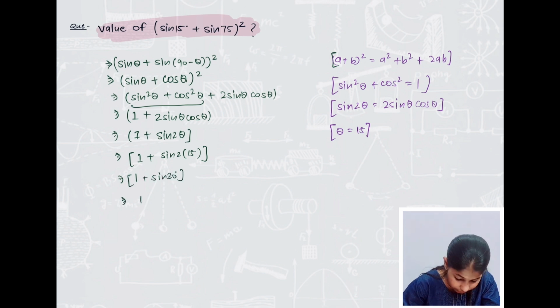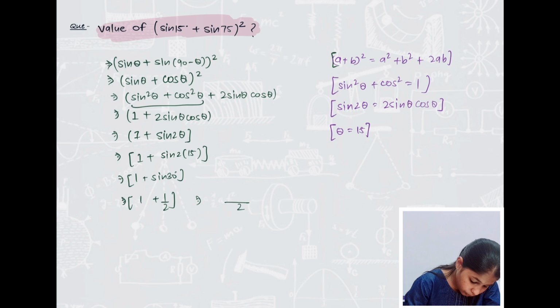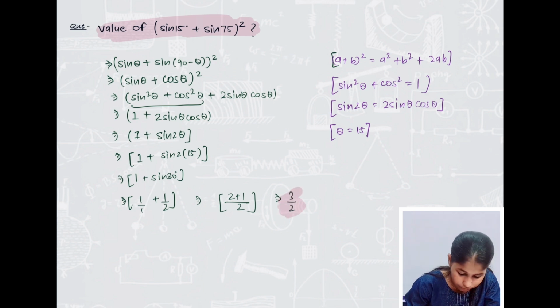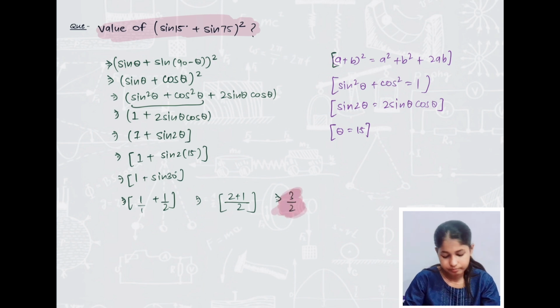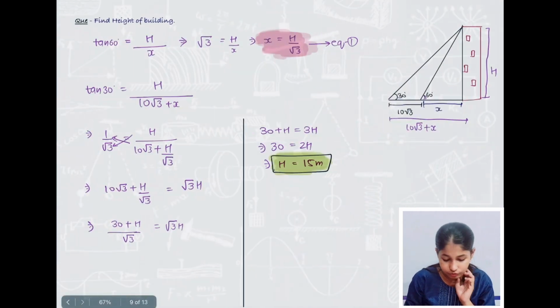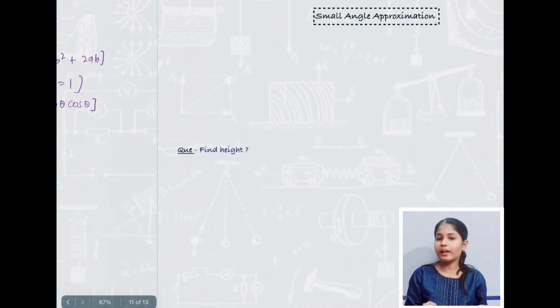It is 1 by 2. 1 plus 1 by 2. If you put it, you will get 2 plus 1 is equal to 3 by 2. It will be our answer. 3 by 2. This will be our answer to this question. I hope you all have understood.